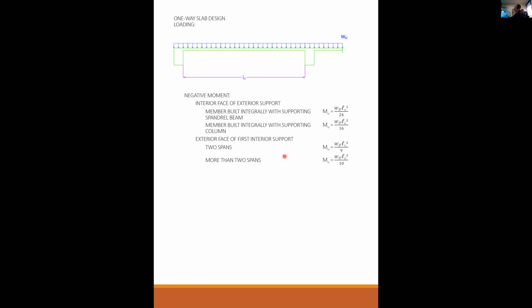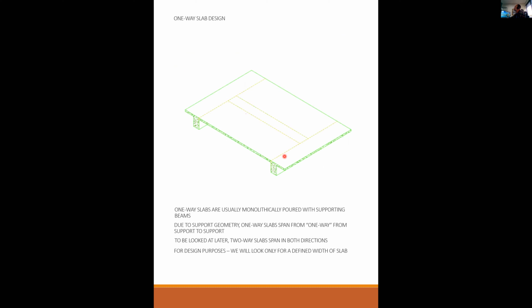What happens in slabs is that, actually, let me go back to a picture. When you build a deck, a concrete floor, you typically have beams in one way, the slabs going the other way.